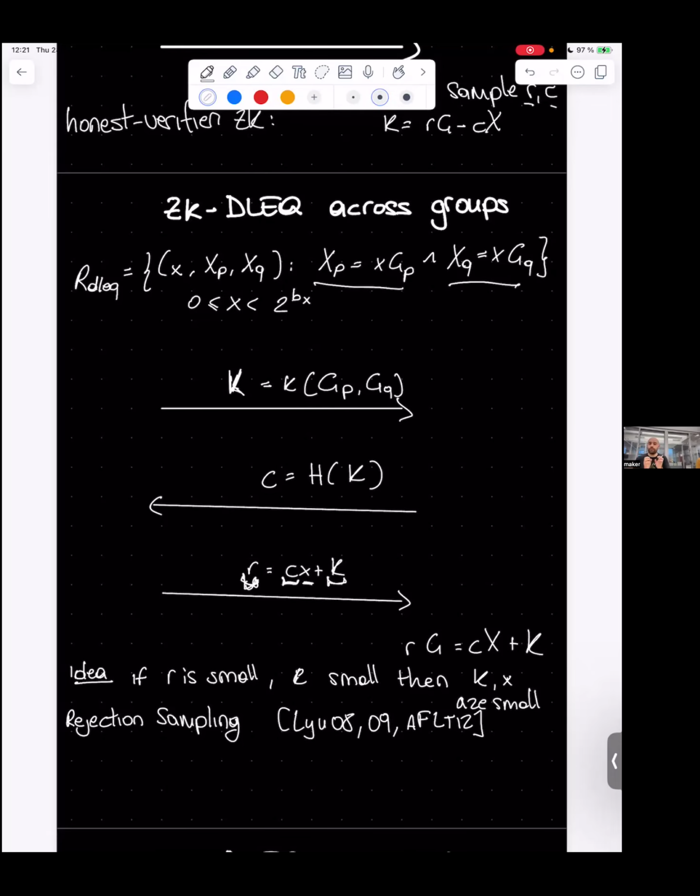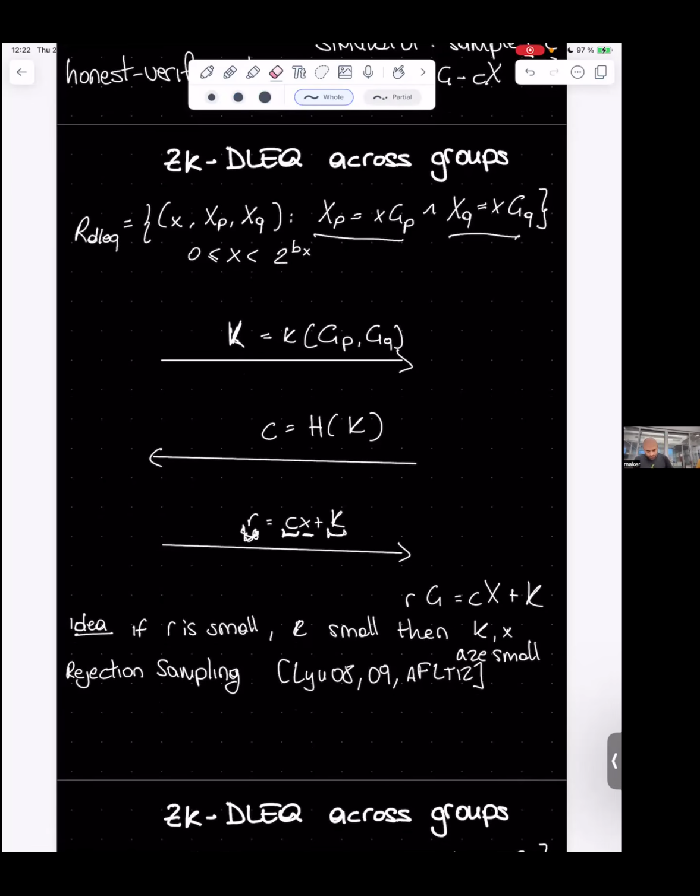not revealing information, and we're still able to prove that X is within a window where it does not wrap up modulo P or modulo Q. And so we have essentially these parameters to deal with. We have the number of bits of X. We have the number of bits of the challenge.